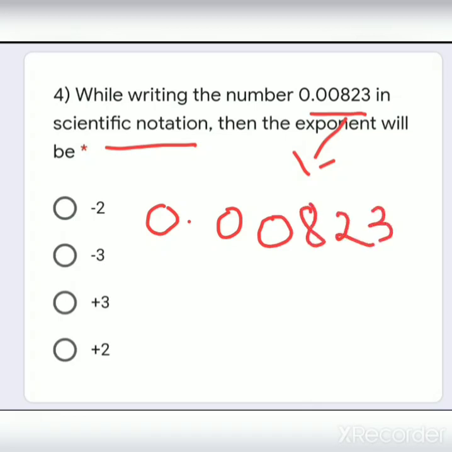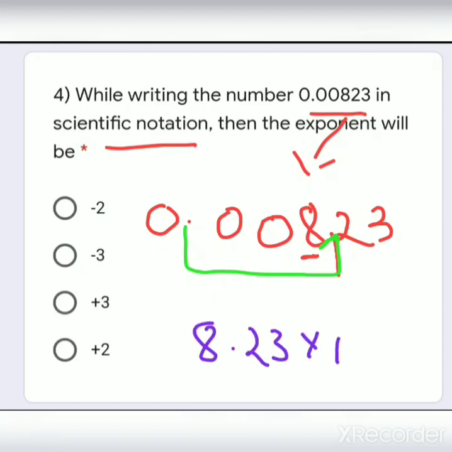I am copying it as it is from the problem. Now in scientific notation, we take the first non-zero digit. We need to shift the decimal point from here to here.